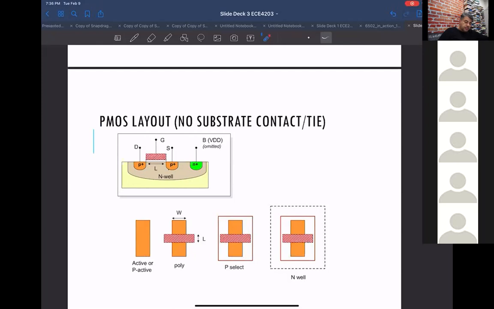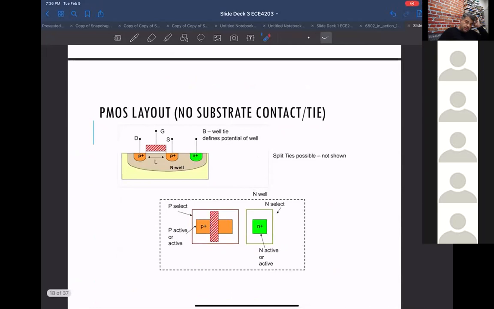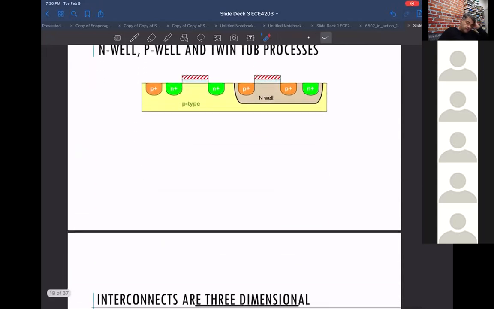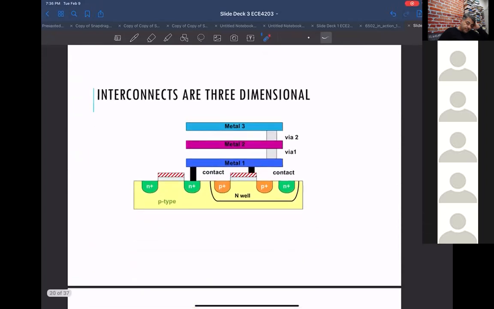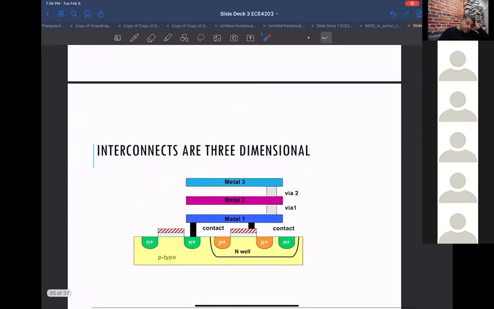But the PMOS is sitting in an N-well, so you also have to draw an N-well layer here. Okay, so that's how you draw an NMOS and a PMOS. And similar idea with the substrate contact for the PMOS. Okay, and so those are the transistors.